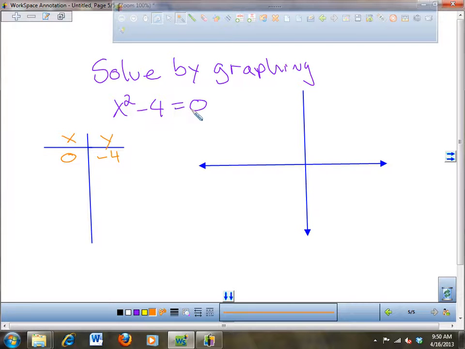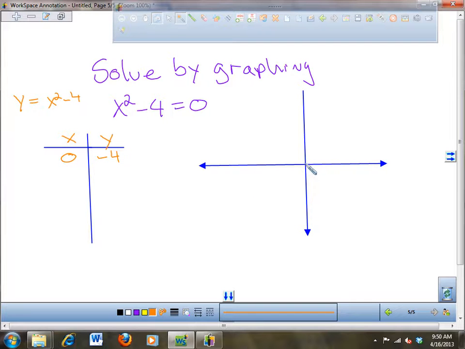First I'm graphing, I'm not going to worry about this yet, okay? What I'm doing is I'm graphing the equation y equals x squared minus 4. So I'm not graphing this equation, I'm graphing this equation, and then I'm going to see where the y value is equal to 0.